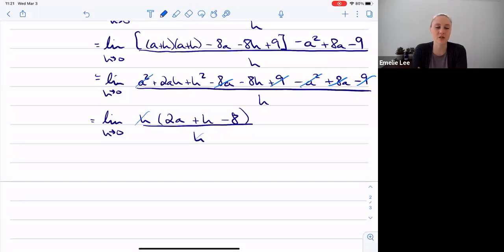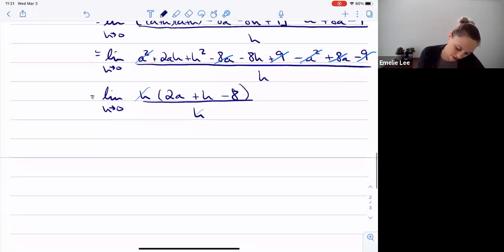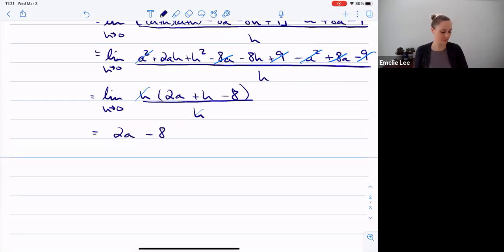Finally, can ditch those. So now what I have is the limit as h goes to 0 of 2a plus h minus 8. If I take that limit, h is going to go away to 0, and so this becomes 2a minus 8. That's my limit.